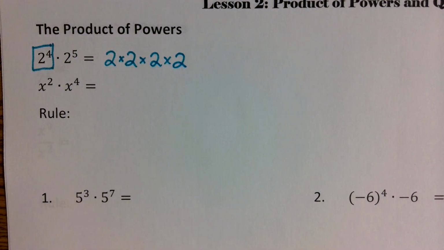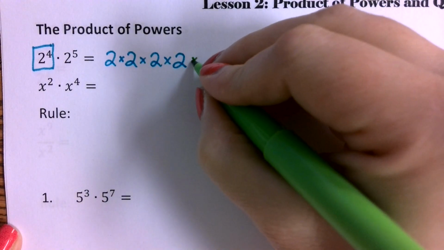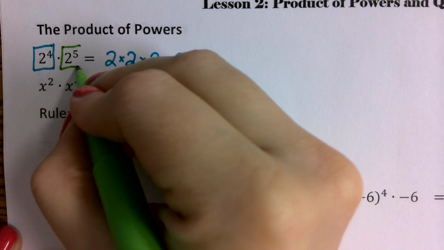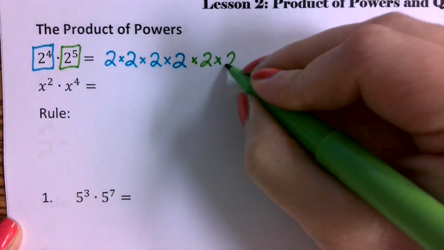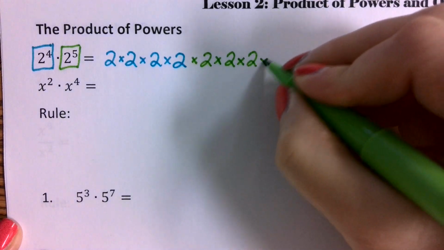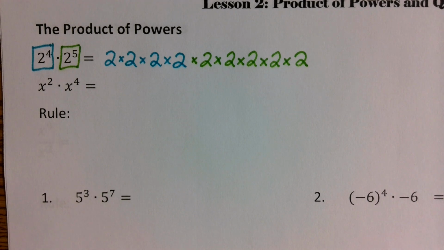And then I'm multiplying it, because that's what this little symbol right here means. It means I'm multiplying it by this power, 2 to the 5th, which would be 2 times 2 times 2 times 2 times 2. That's the longhand method of writing it out.